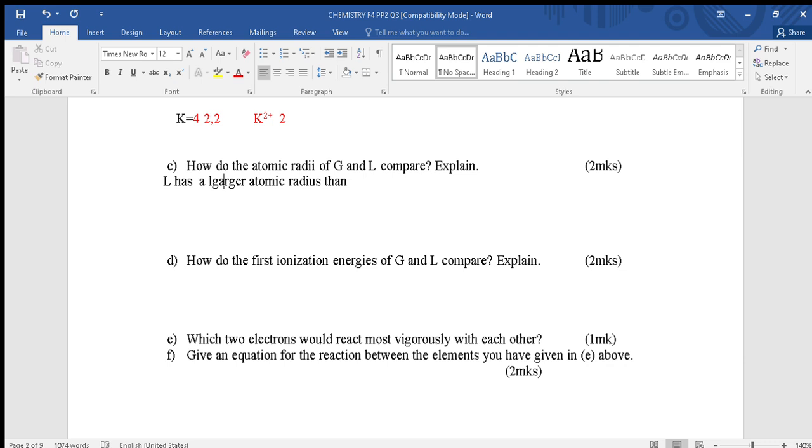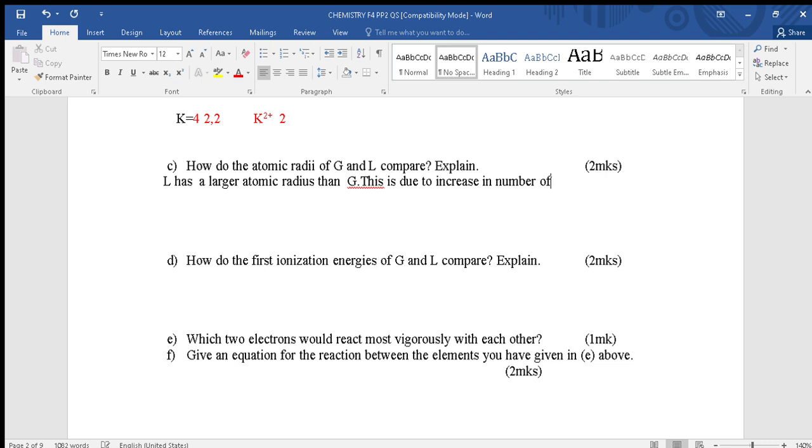A larger atomic radius than G. And you'll say this is due to increase in number of energy levels, not protons.